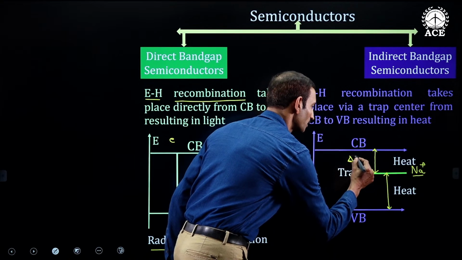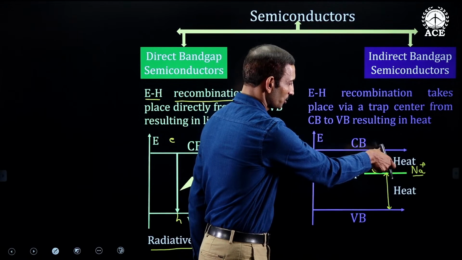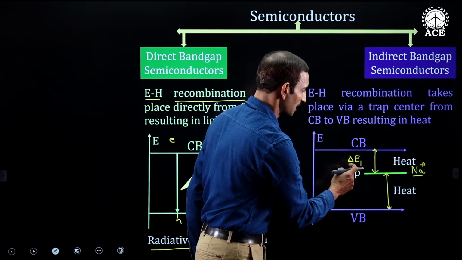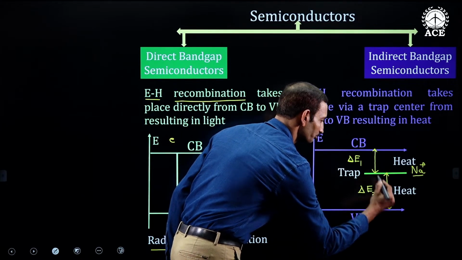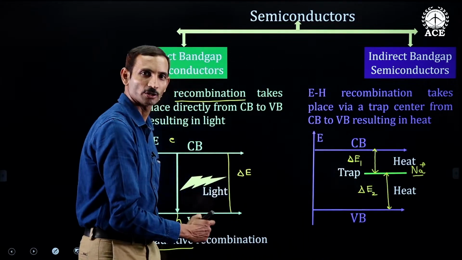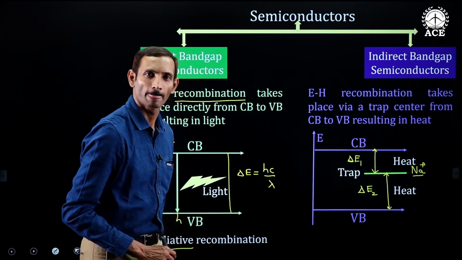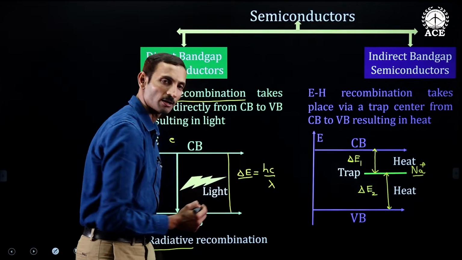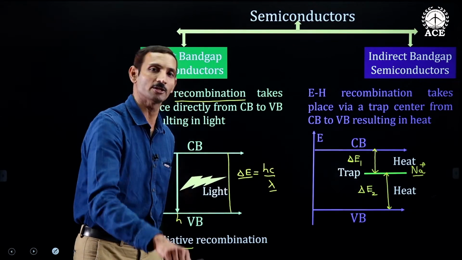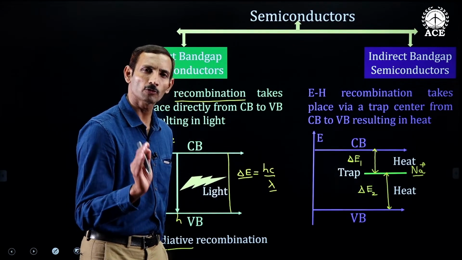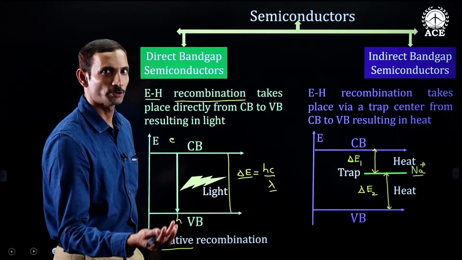I would consider the energy difference between these two levels as delta E1 and the difference between these two levels as delta E2. Now this is a single transition. Automatically the wavelength would be small, because as E is large, wavelength would be small. Automatically it would fall in the visible region. We know the visible region is from 4000 to 7500 angstrom units. So there light is going to come out.